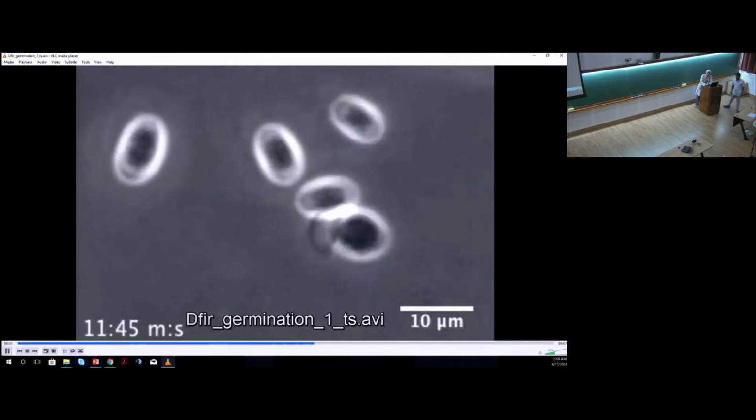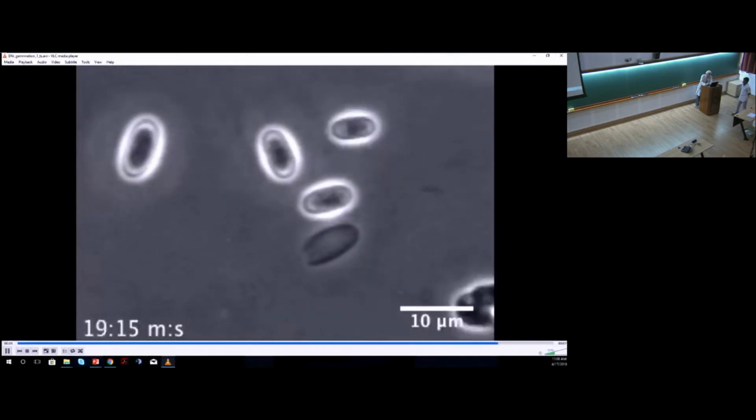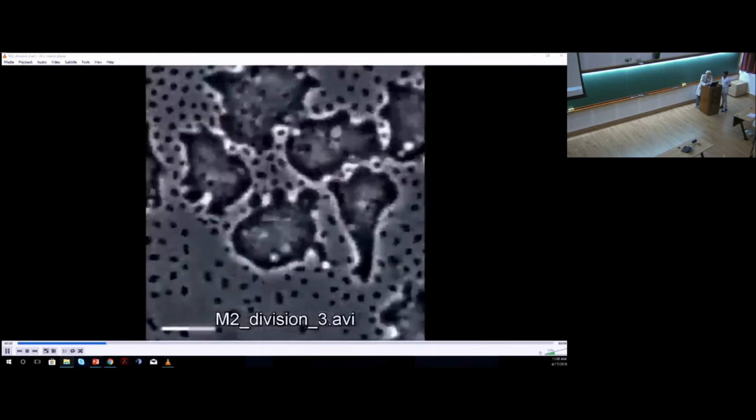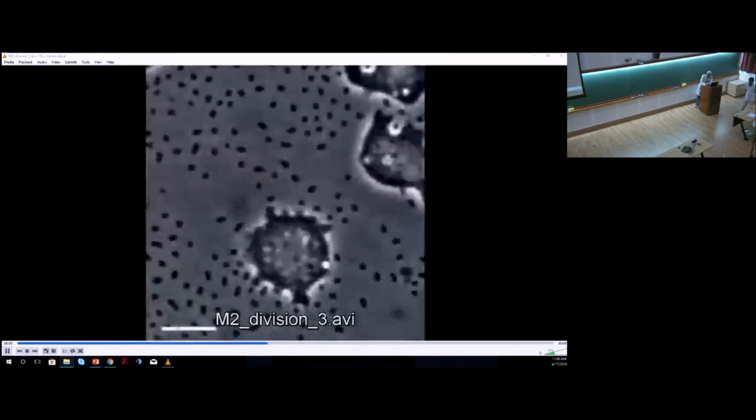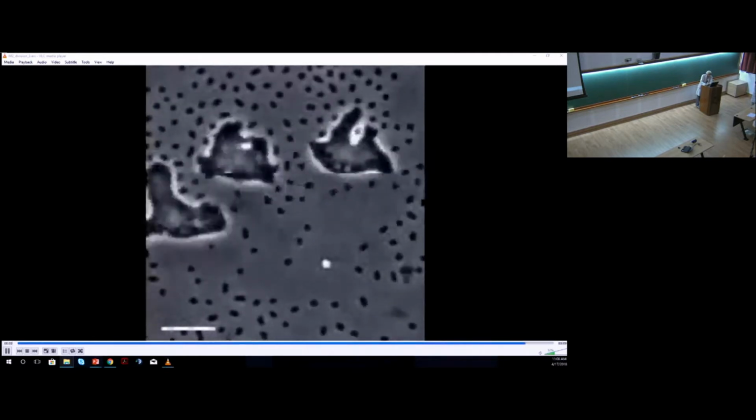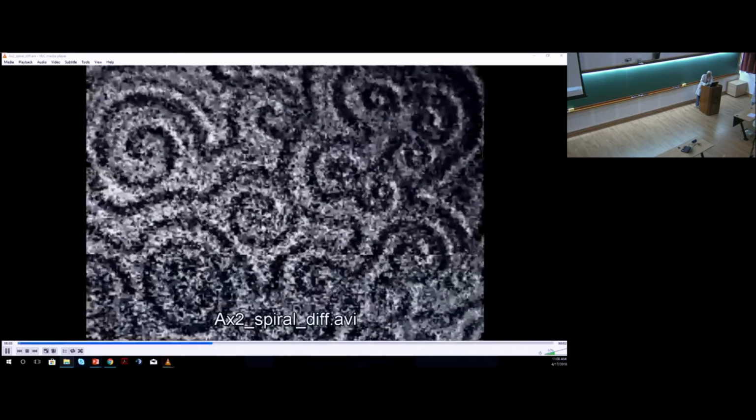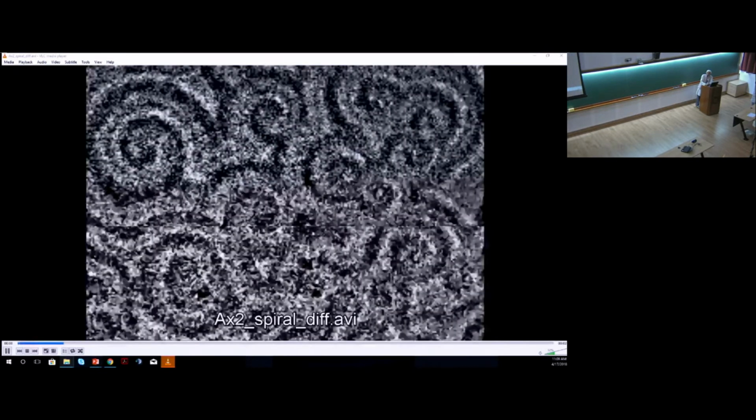What that's supposed to be is an amoeba emerging out of a spore. So that's the conventional beginning of the life cycle. And these are amoebae moving around, feeding on bacteria and dividing by mitosis. So this is the growth and cell division phase. When that is completed and they begin starving, they communicate to each other via these really rather pretty oscillatory wave propagations, which I think I mentioned briefly last time.